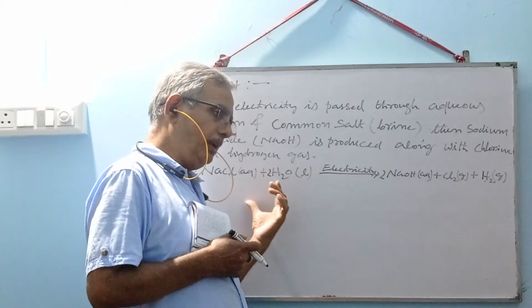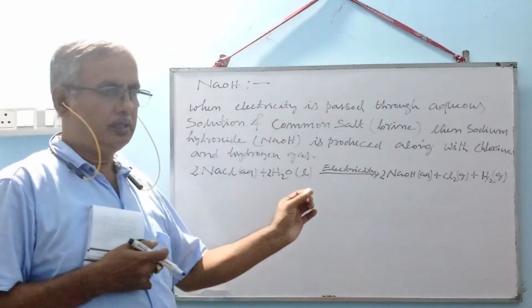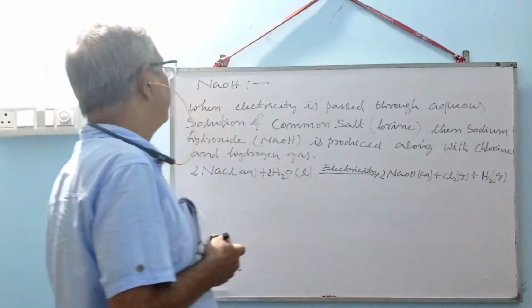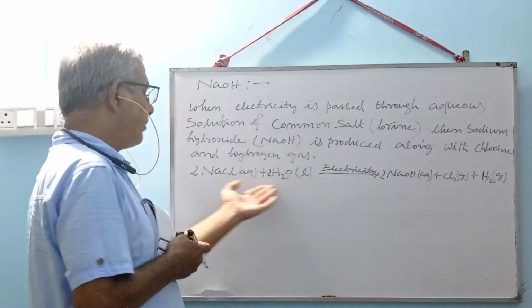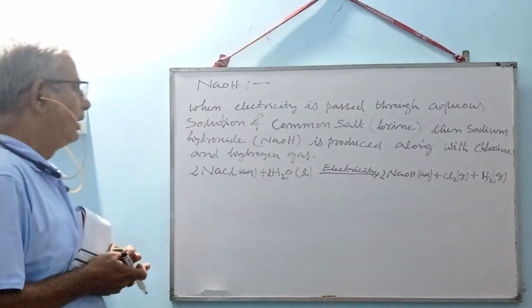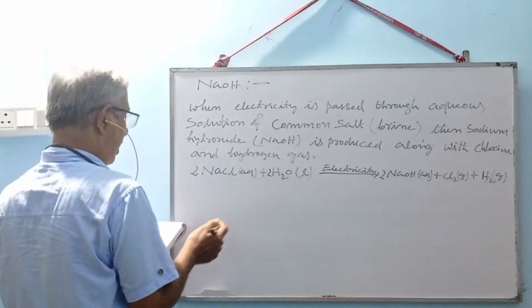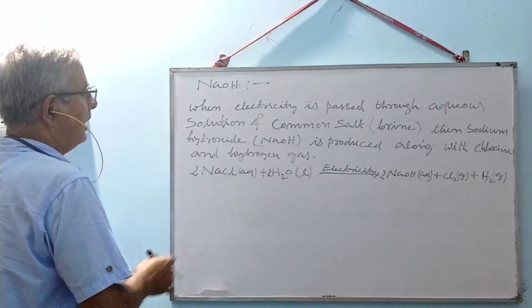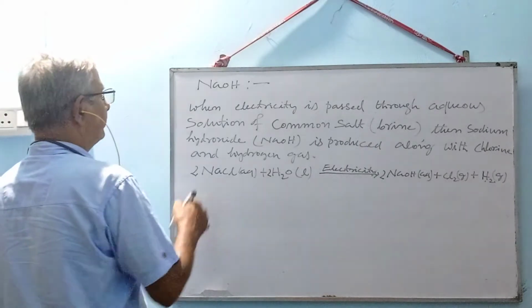So the name of this process is the chlor-alkali process. I have written the answer and given the reaction also, and I am writing here the name of the process. I hope you understood this reaction.